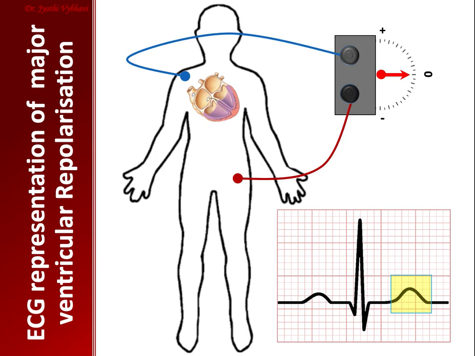The answer is very simple. During the major ventricular depolarization, basal depolarization and ST segment, that is the complete ventricular depolarization, as soon as the depolarization is about to finish, the ventricles are contracting.